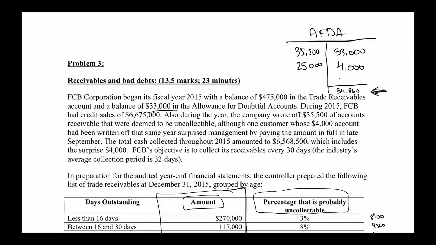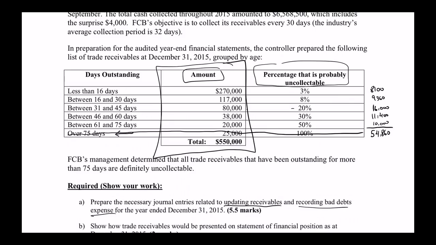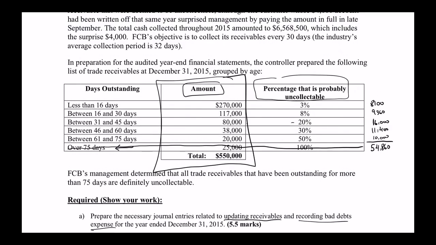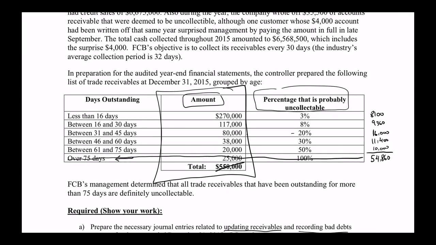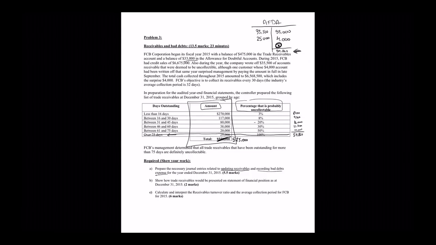And so we'll do a journal entry that would affect our T account here to make up that balance. One important thing to note, since we've written off this last row of 25,000, our receivables are no longer 550,000. It is now $525,000. So we can now do our journal entries to record everything.